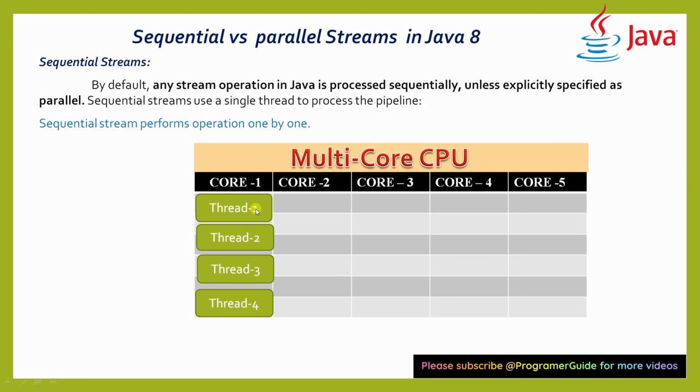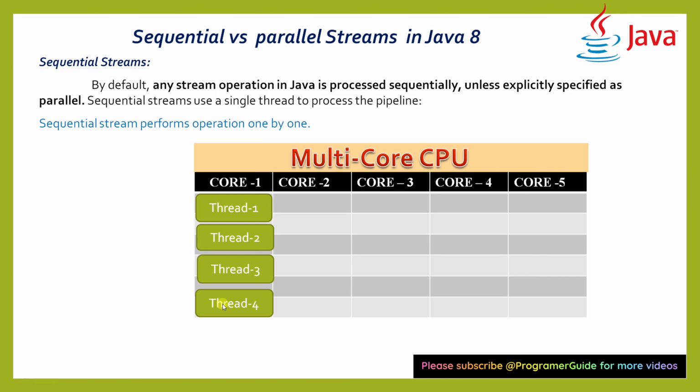That means sequentially thread 1, thread 2, thread 3, thread 4. Once thread 1 completes, then only it is going to start thread 2, which stays in a wait state until then. So sequential streams perform operations one by one. That means thread 1 completes, then only it goes to thread 2, thread 3, thread 4. In such a way it is going to be executed.